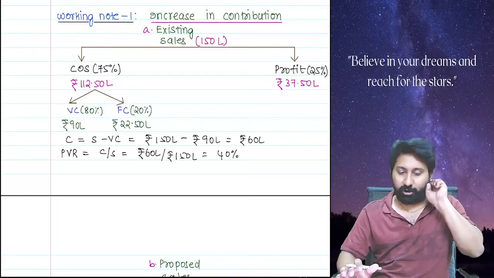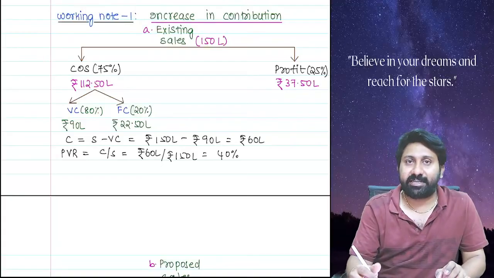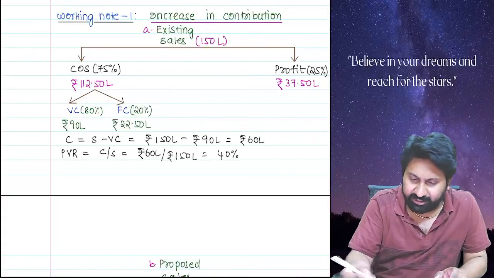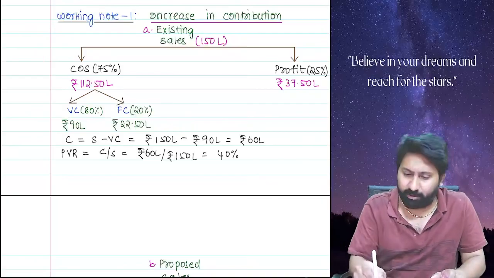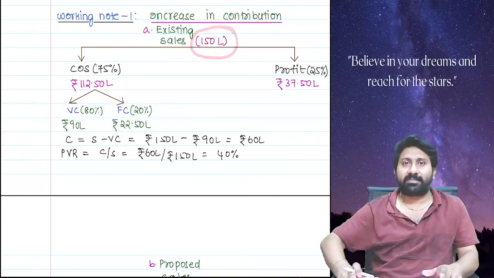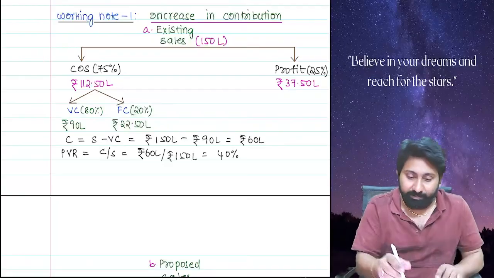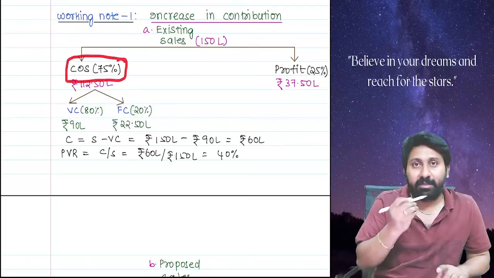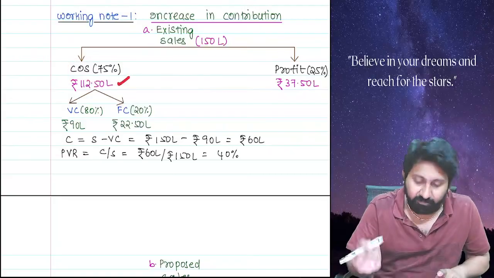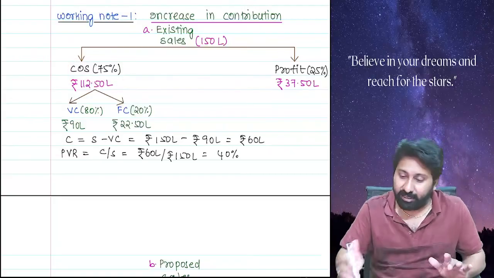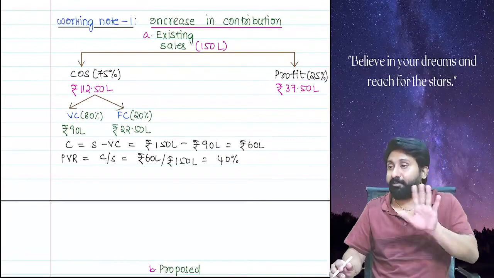What is the existing sale? 150 lakh. Nothing to work out here, simple. In this 150 lakh, what is the cost of sale given? 75%. 112.5 lakhs is the cost. 37.5 lakh is your profit part.